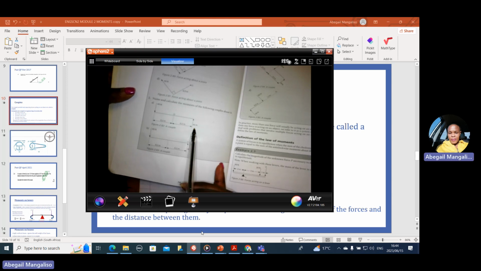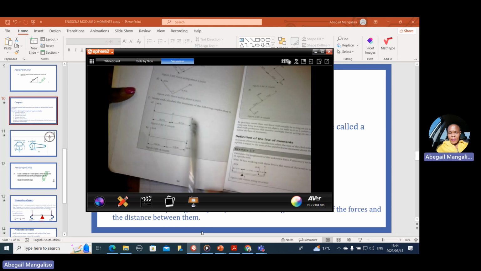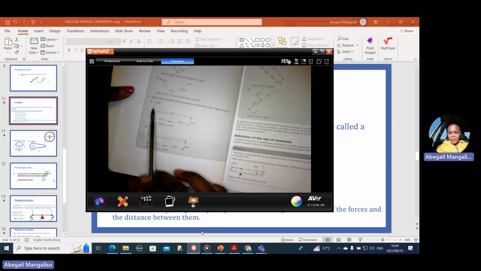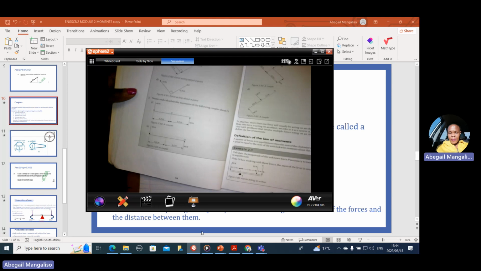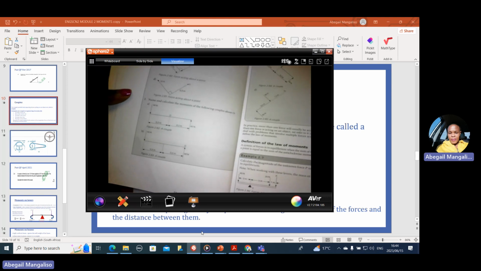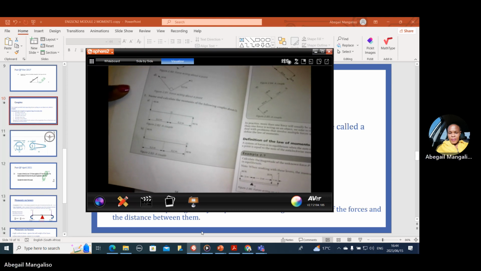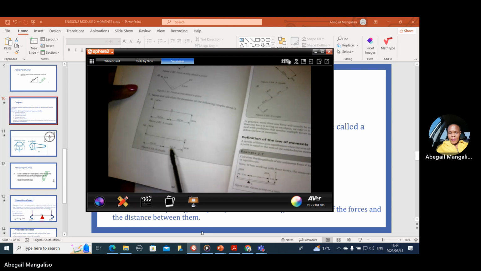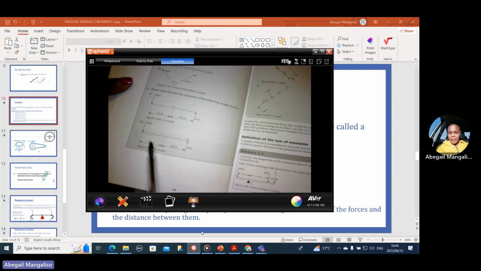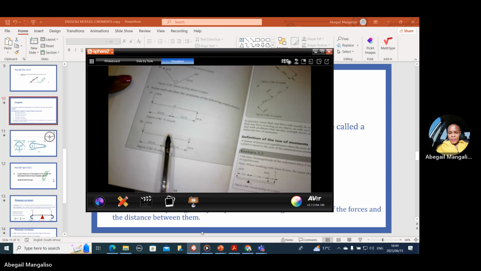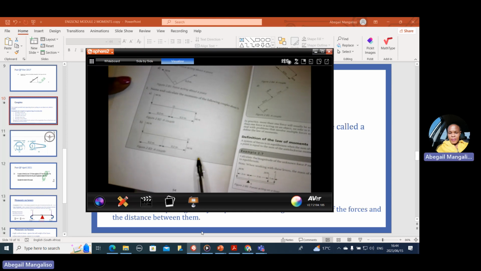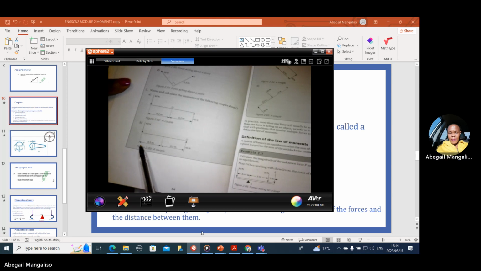This 40 is equal to this 40. There are two forces. They are equal, 40 and 40. They are parallel, and they are opposite in direction. So that is called a couple. This one here, B, is still 40 and 40, 0,2, 0,2.